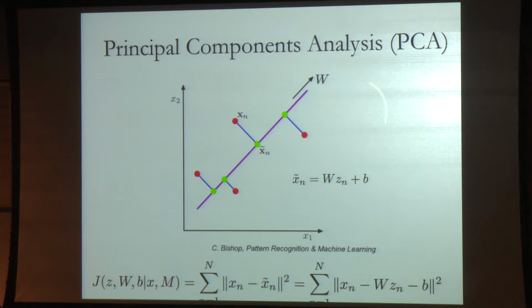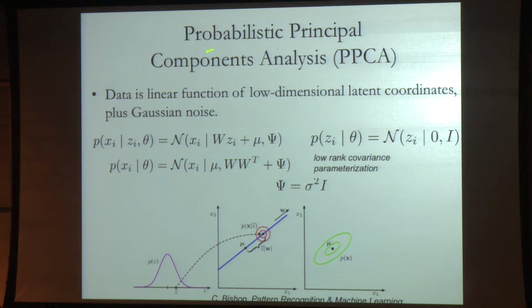Now, it turns out for this type of model, you have a nice closed-form solution for figuring out this linear basis. You can do an eigendecomposition of the covariance matrix. There are actually other ways of doing it, using iterative algorithms that have benefits if you have lots of data. And you can think of this really as a generative model. So just to make that a little bit clearer, there is actually a probabilistic interpretation of this whole thing, where you would have some prior distribution over your variables in your latent space, that is the low-dimensional coordinates.